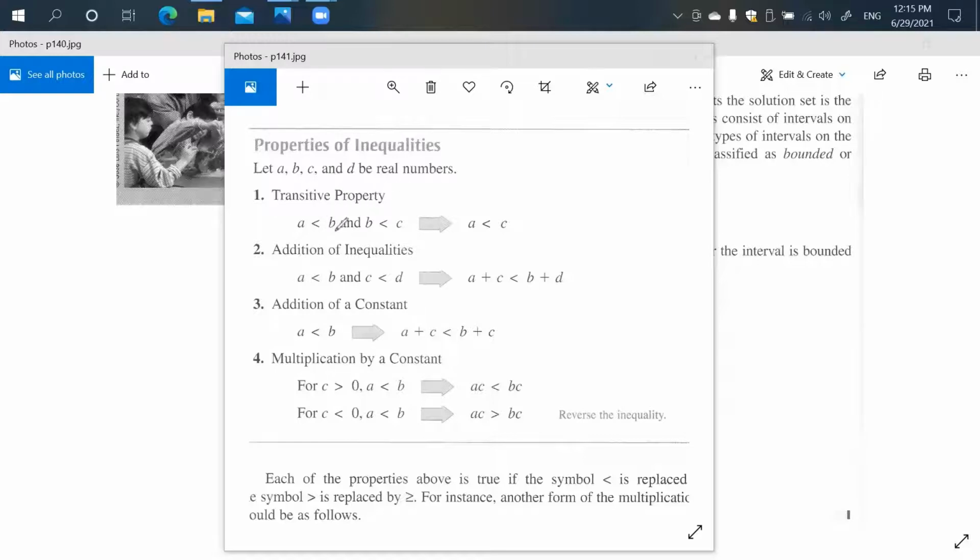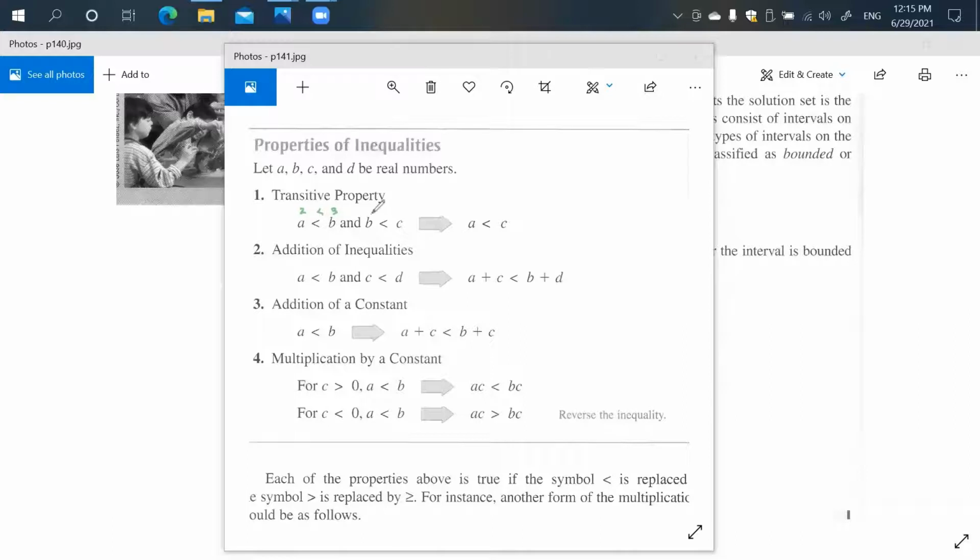We see the first property, the transitive property. The first one says A less than B and B less than C, then you can imply that A is less than C. So in this case, what is the meaning? For example, A is 2, less than B, so assume B is 3. Then B less than C: B is 3, correct?